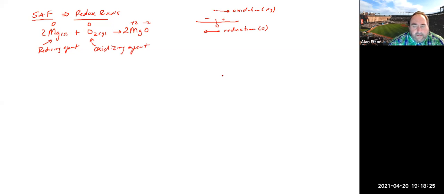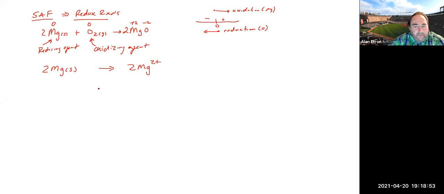Now, if we took this equation and broke it into its half reactions, remember that one of them represents the oxidation half reaction and one represents the reduction half reaction. So in this case, it would be the magnesium going to our 2 magnesiums with a +2.